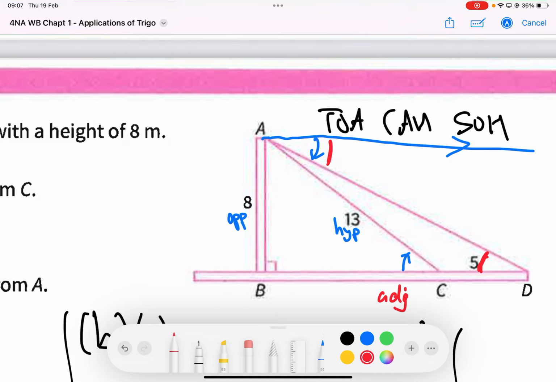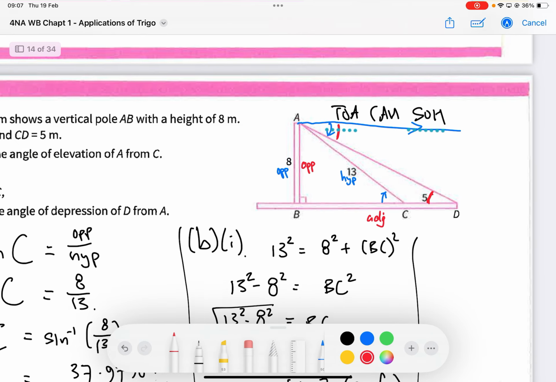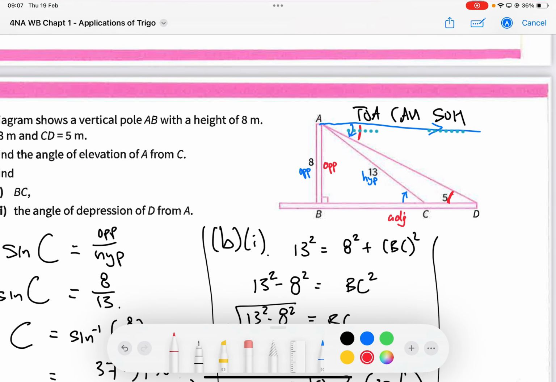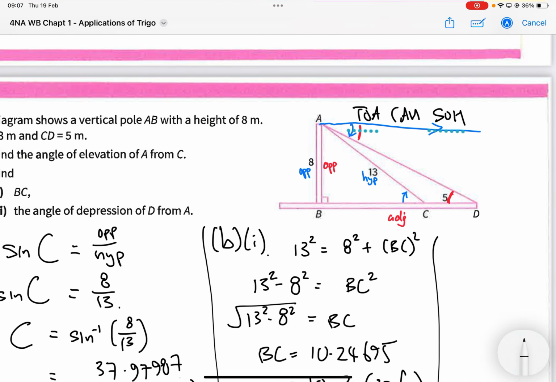Eight is my opposite if I only look at the big right angle triangle. So I'm using opposite and adjacent to help me find this angle D. Opposite, adjacent, so use tangent. Opposite over adjacent.